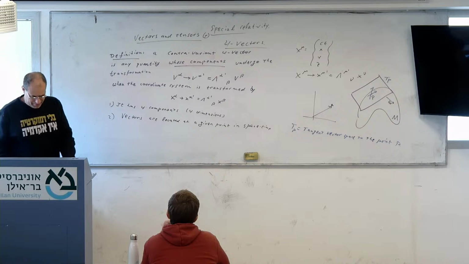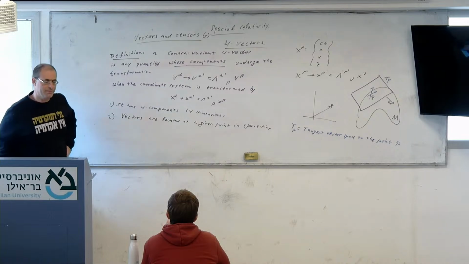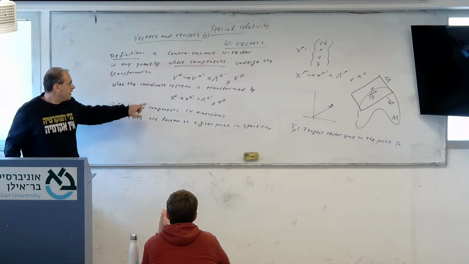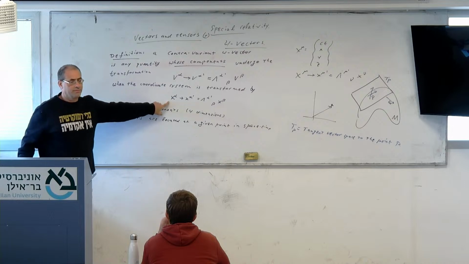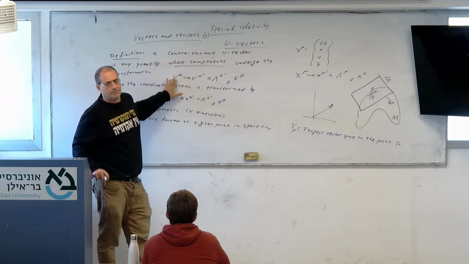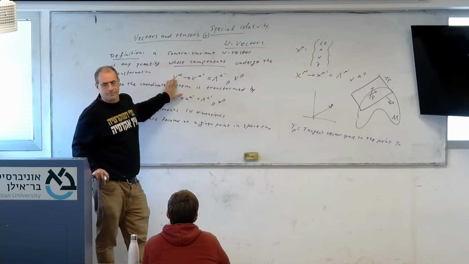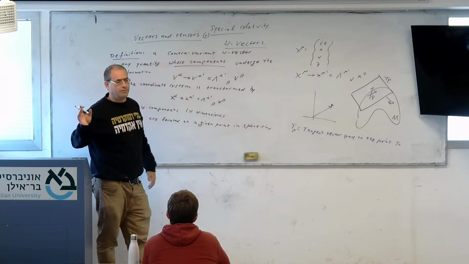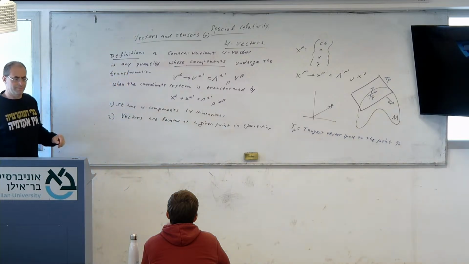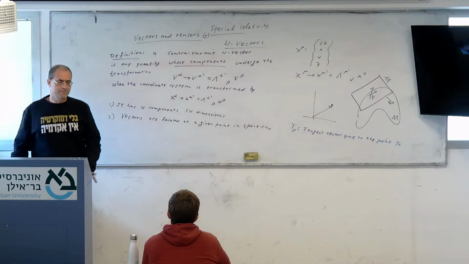Can I ask a question? Yes. Why in the definition will we have a V alpha transformation and X alpha transformation? X alpha is the coordinate. V is a general vector. It doesn't have to be the coordinate. It can be other things: velocity, momentum, anything. But we're talking about components of a vector.